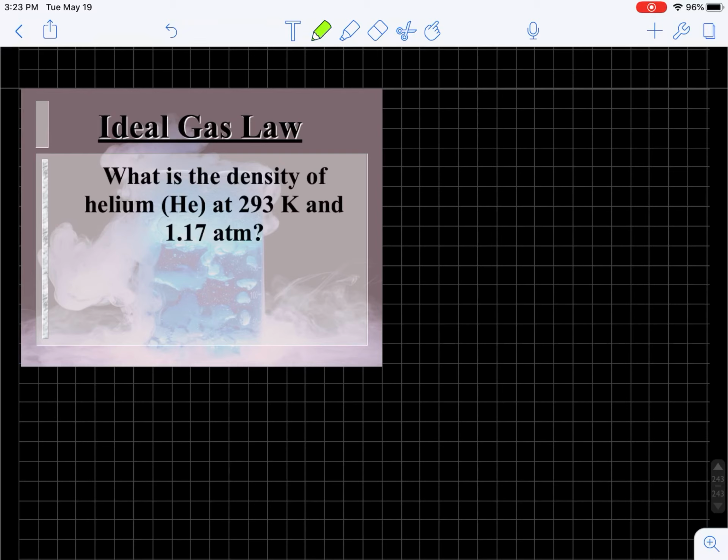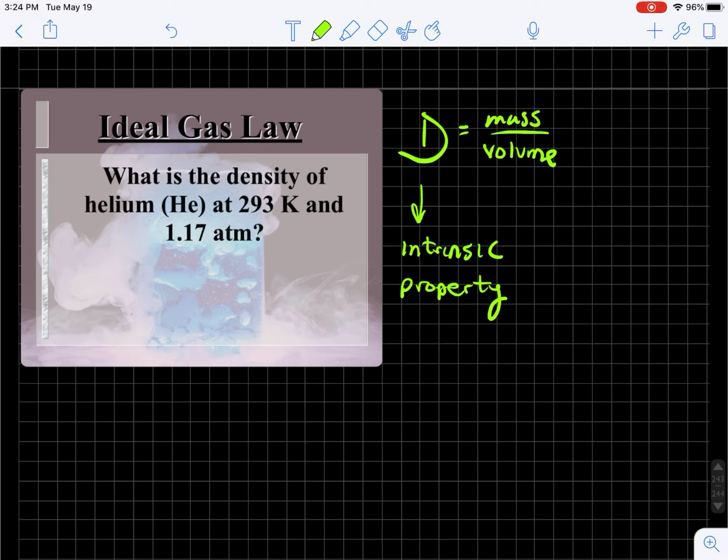Okay, so again, define what it is that we're trying to do. Density: mass over volume, and they give us neither value because density is an intrinsic property, which means that it is not based upon the amount, it's only based upon the identity of material.